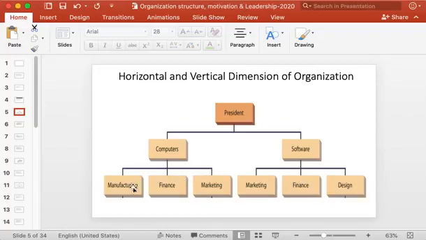Like for example, the manufacturing, finance, marketing in this level shows the horizontal dimension of organization, and the breaking up of the bigger activity into smaller sub activities represents the vertical dimension of an organization.